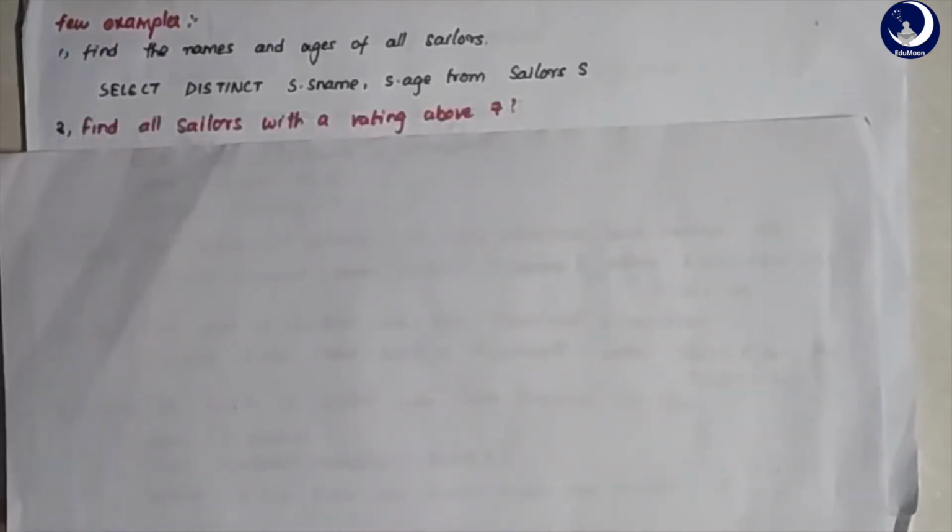The second question is: find all sailors with a rating above 7. Here we only have one table, which is sailors, and we want the details of all sailors whose rating is above 7.